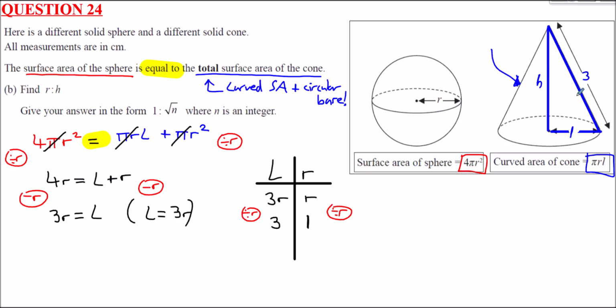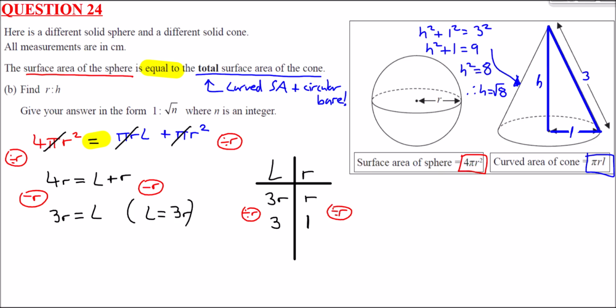So h squared plus 1 squared, using Pythagoras, equals 3 squared. 1 squared is just 1, 3 squared is 9. Subtract 1 from both sides, h squared equals 8. And square root both sides, therefore h would be the square root of 8.